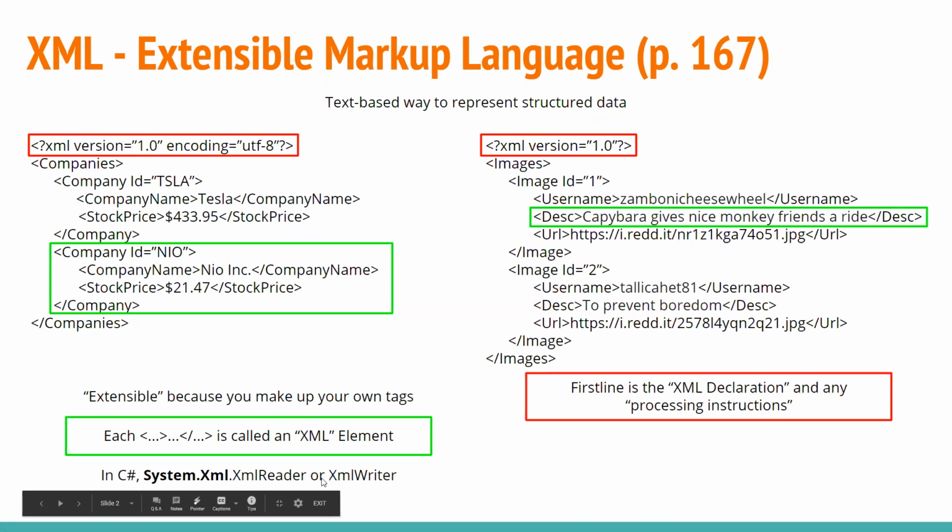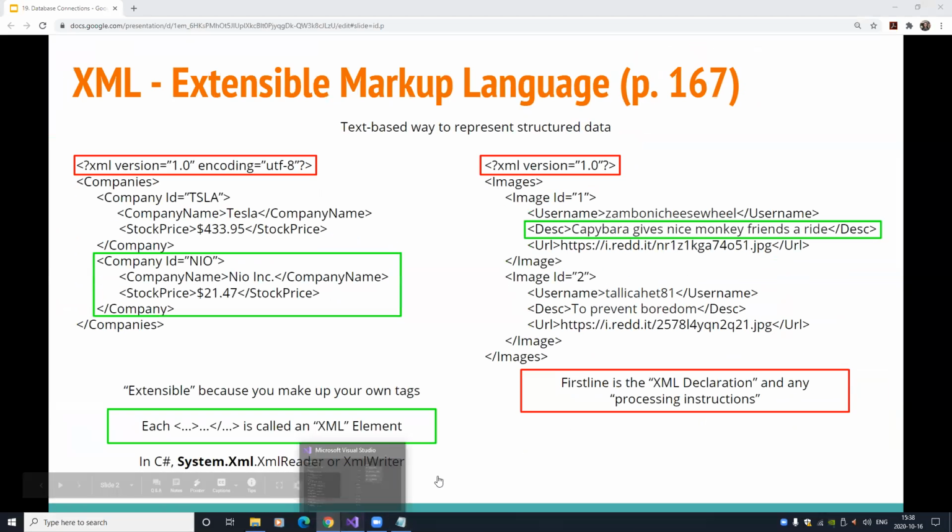We will discuss in more detail what these are doing later on when we get to files. Again, we're going to go back to files just briefly. But at a basic level, you can see what they're doing, right? The XmlReader will read an XML file and the XmlWriter will write to an XML file.